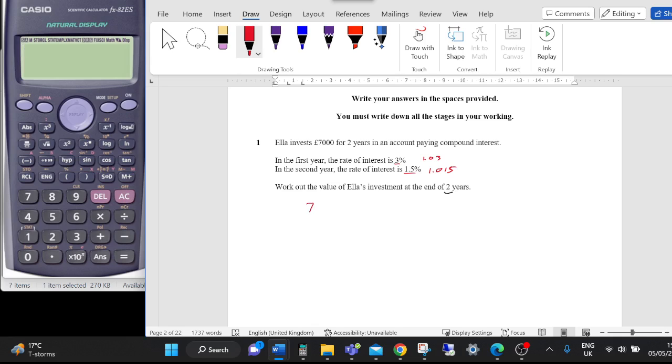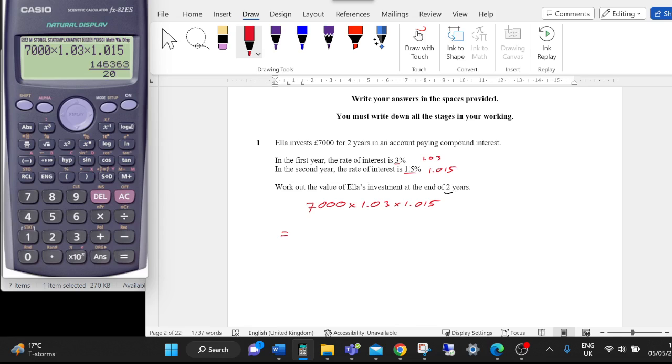So we're going to be doing 7,000 multiplied by 1.03, and then I'm going to times by 1.015. Could have done it as 2 steps, but I'm just going to do it as 1. So 7,000 multiplied by 1.03 multiplied by 1.015 gives us the value of, as a decimal, £7,318.15.